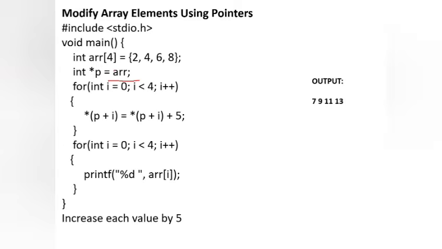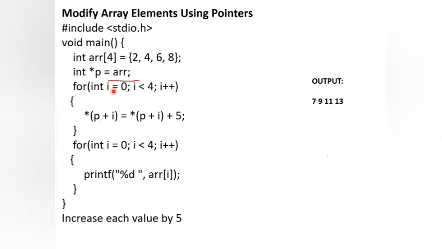Next you want to modify. So in this program we are going to add 5 to the content. Whatever content we have, we are going to add 5. So first, star of p plus i. Why is it called p plus i? Here p is a pointer variable, plus i.